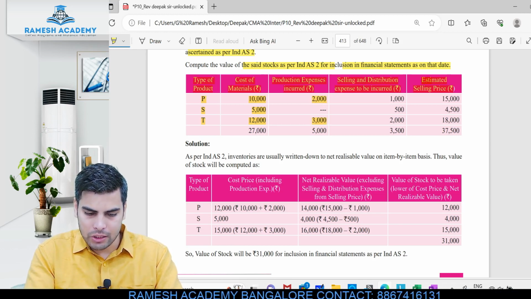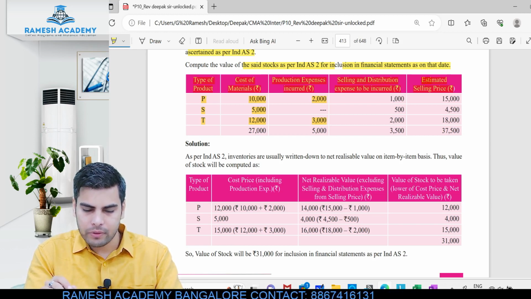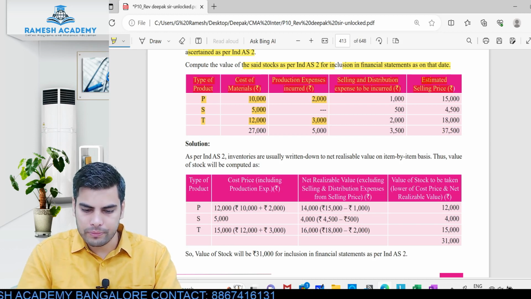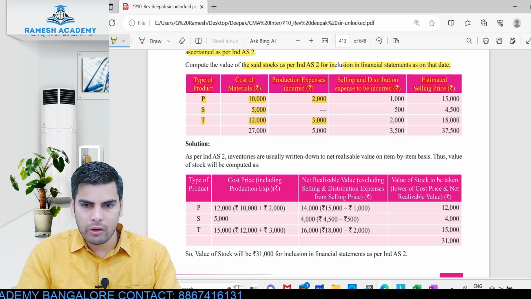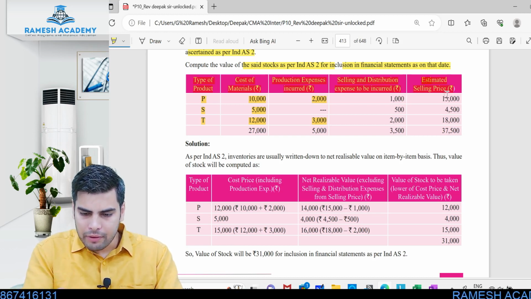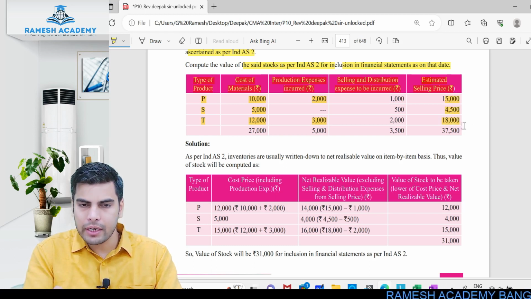I'll be adding these two. But will I be adding the selling and distribution overhead? No, right? Selling and distribution expenses to be incurred are 1,000, 5,000 and 2,000. Will I be including it in the component of cost? Absolutely not. Then they have given you the estimated selling price as 15,000, 4,500 and 18,000.